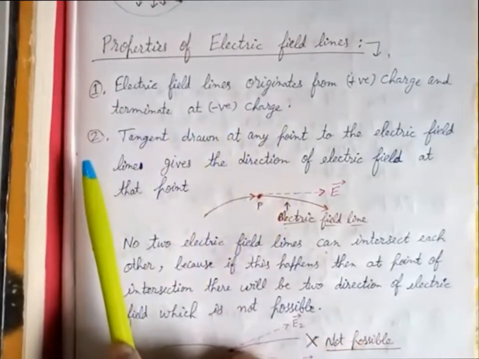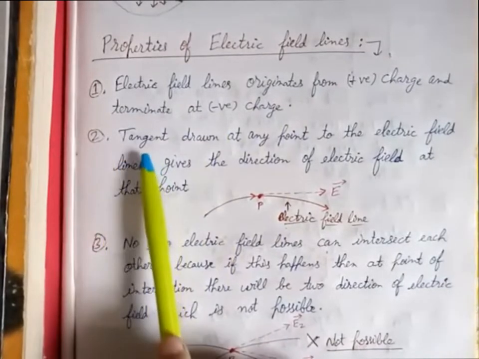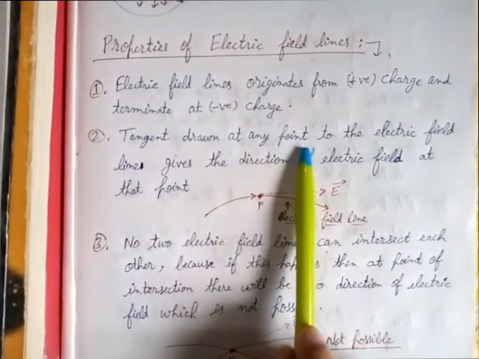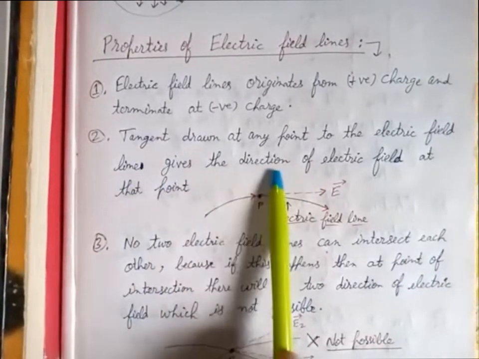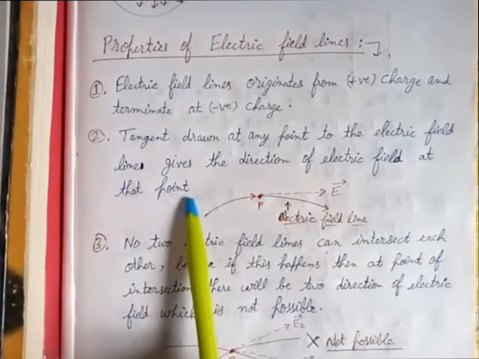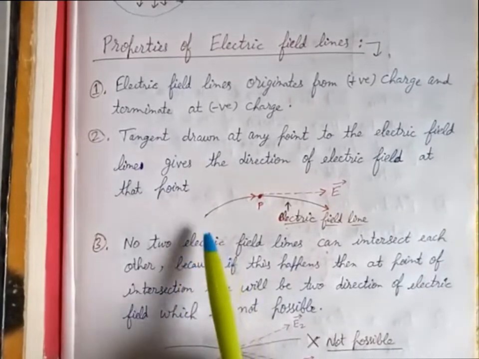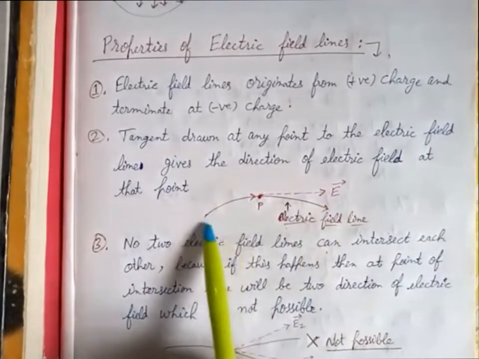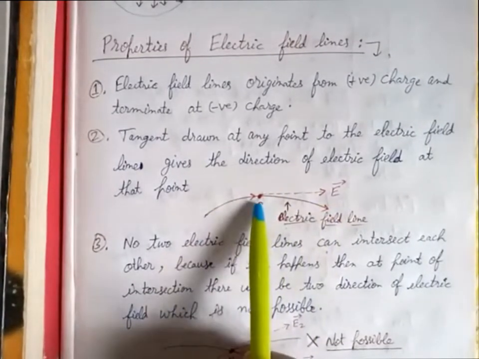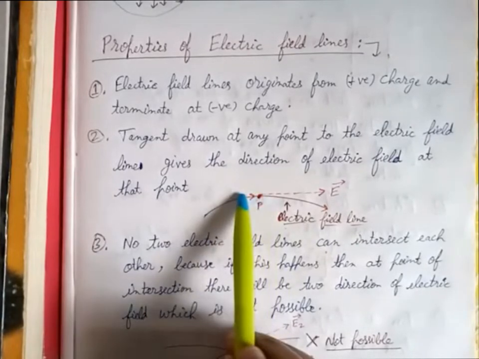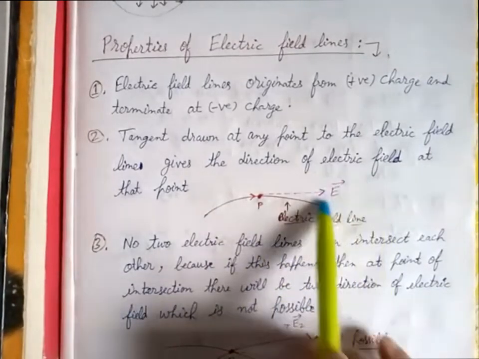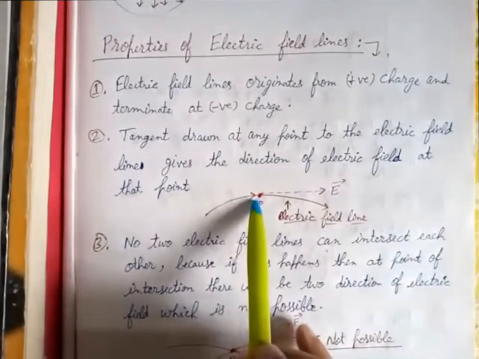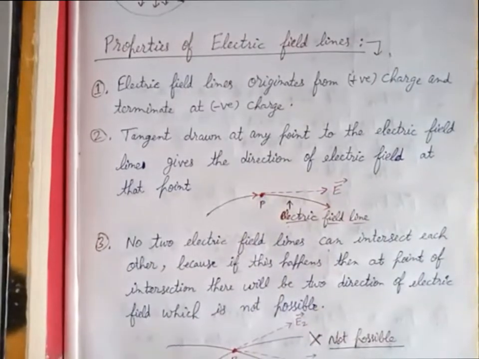The second property is that the tangent drawn at any point to the electric field line gives the direction of the electric field at that point. It means if this is the electric field line at point P, the tangent drawn at point P gives the direction of the electric field at that particular point.